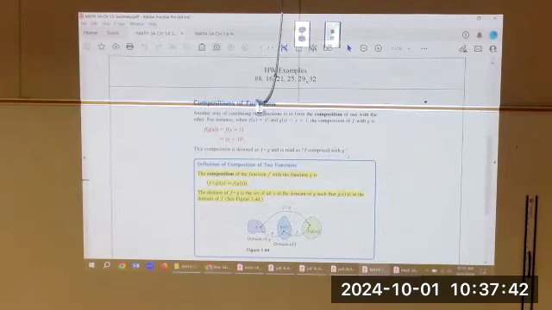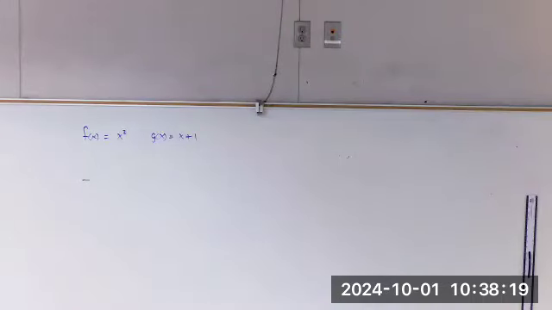So the key for all of the function work is 3 steps. The first step, you always have to show me. If you don't show me this first step, I'm going to be looking at you losing points, even if you have the right answer. If you have an operation with functions, I want to see the rewrite.